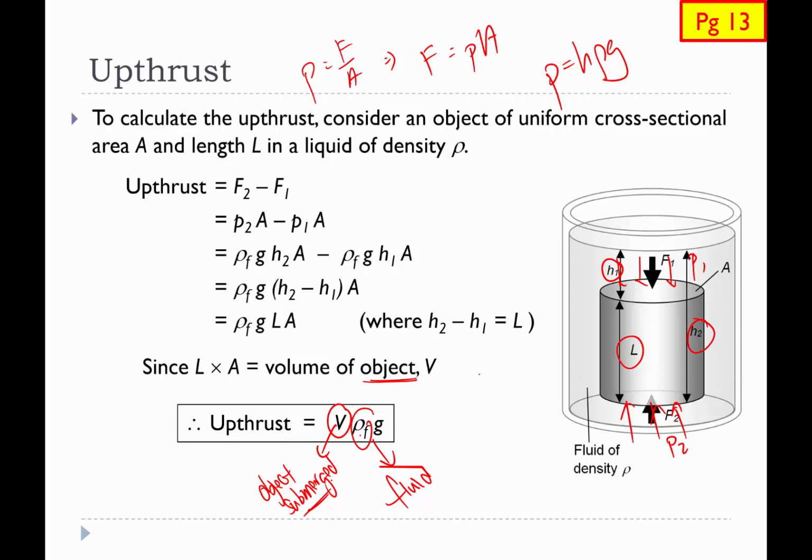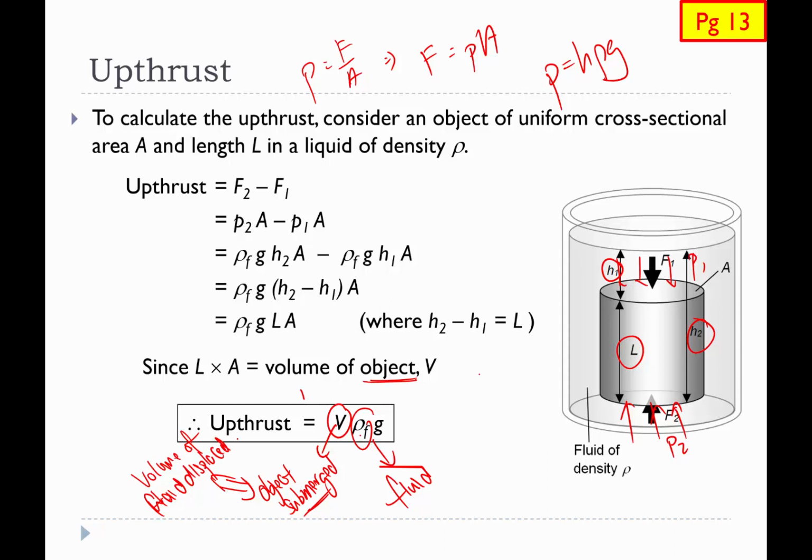And one last thing that you need to remember here is the volume of the object submerged is simply replacing the volume of the fluid that was originally there. So it is the same thing to say that the volume of the object submerged is also equal to the volume of the fluid displaced.